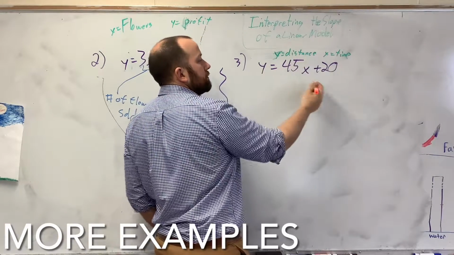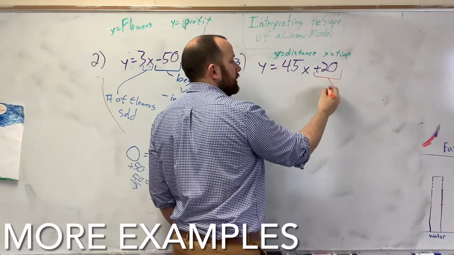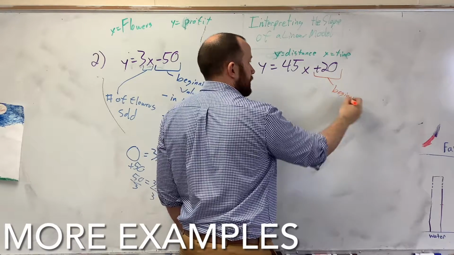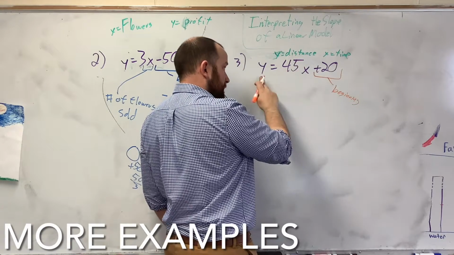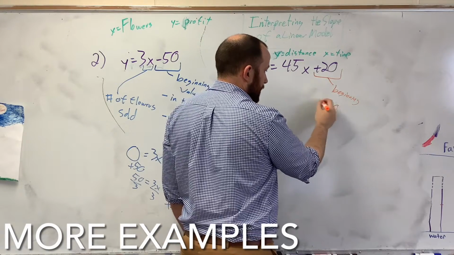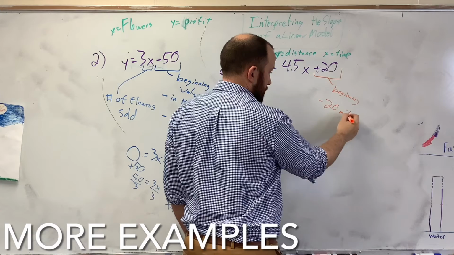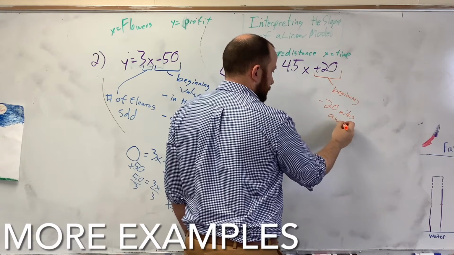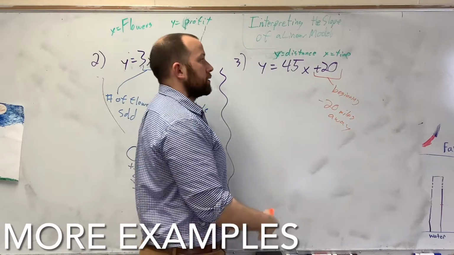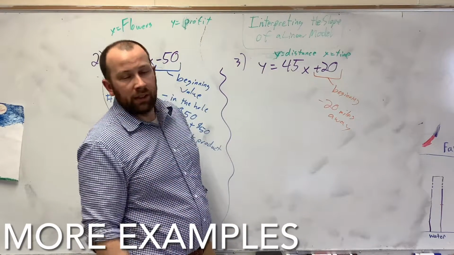Distance over time. So this is my beginning or starting value. That's my distance, that's my time. So that means I'm starting 20 miles away from where I started. Say we started driving this morning.